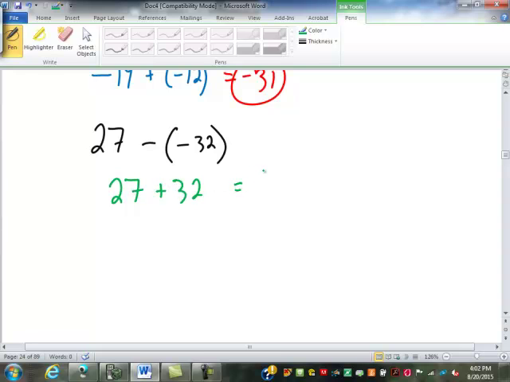Of course, that's going to be just 59. Good. So we've got addition and subtraction down, and those are really the toughest ones.